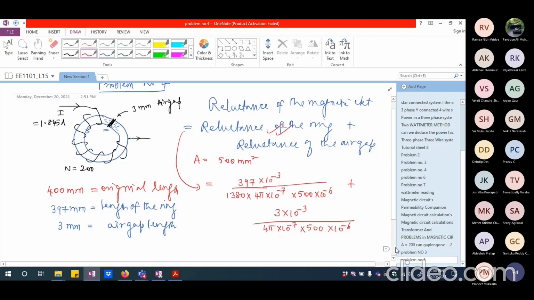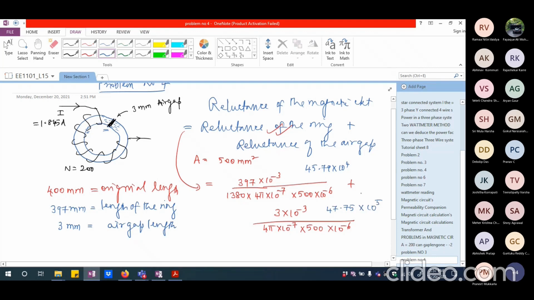And what I am getting as per this is some 45.79 into 10 power 4 Henry per meter. And this is coming out to be 47.75 multiplied by 10 power 5. Okay, so this is the kind of overall reluctance.